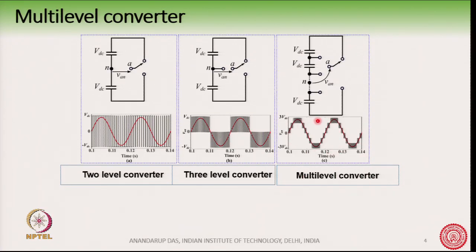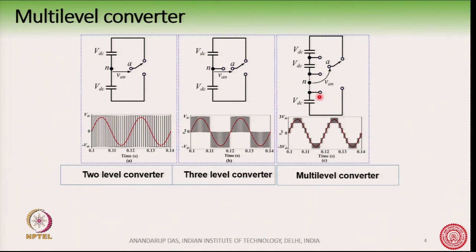In this multi-level converter, in this circuit, we see that the pole voltage can take many voltages. For example, the pole voltage can be here, here can be connected here, here like that.